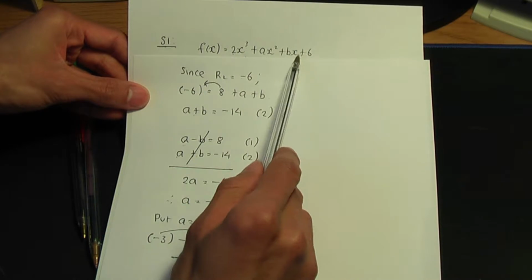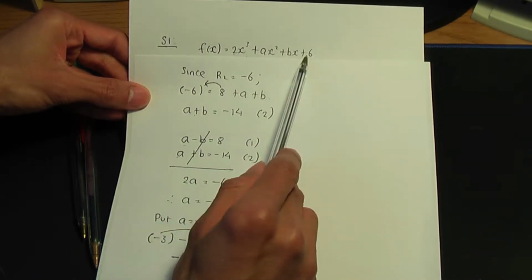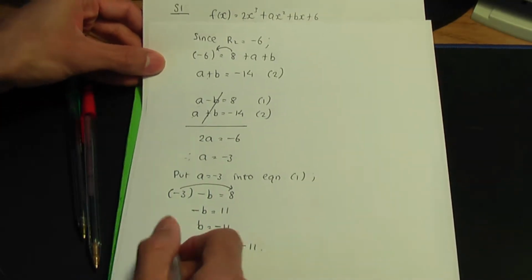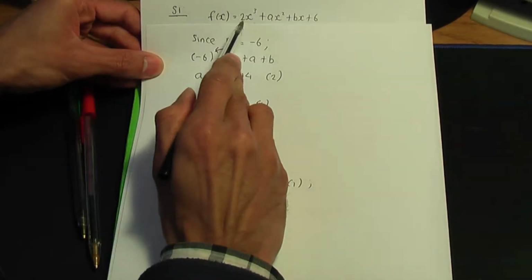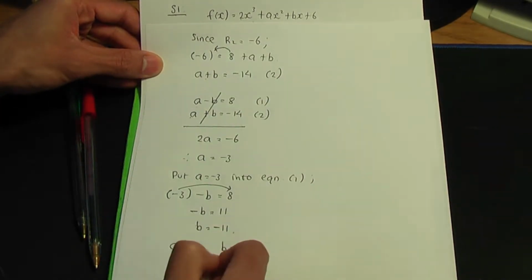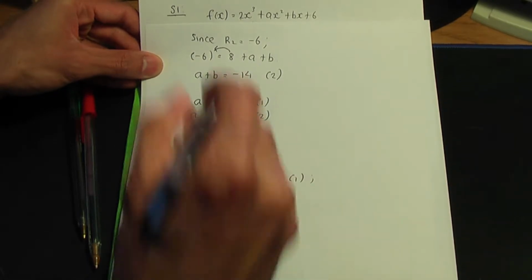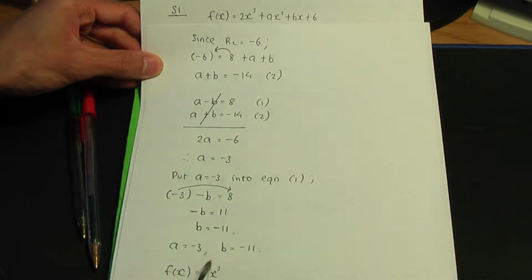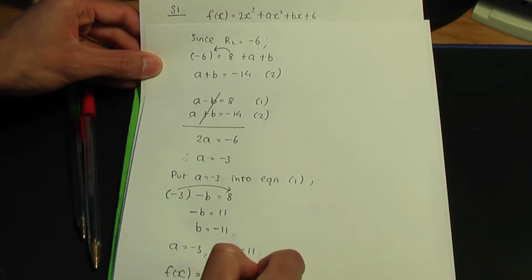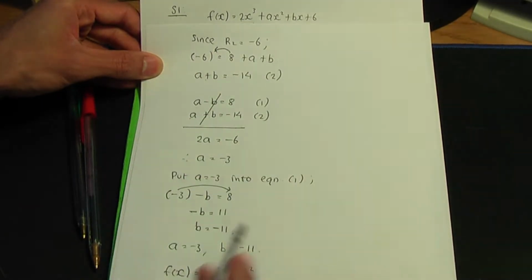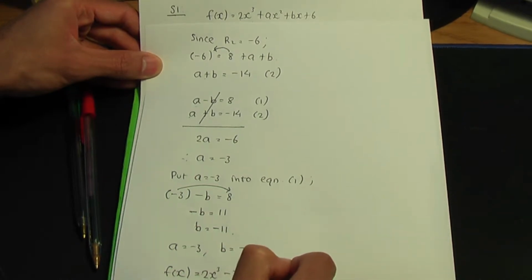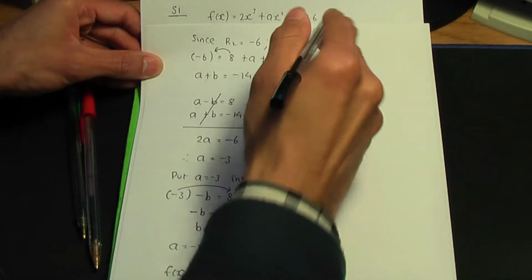So our f of x is going to be, as a result, 2x cubed, plus ax squared, a is minus 3, so minus 3x squared, plus bx, b is minus 11, so minus 11x, plus 6 at the end.